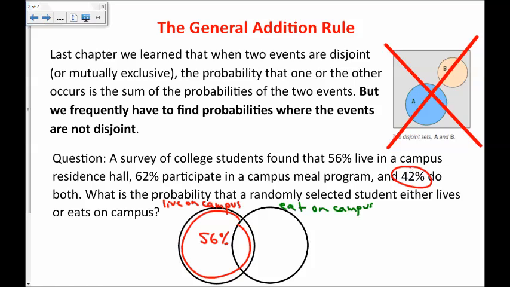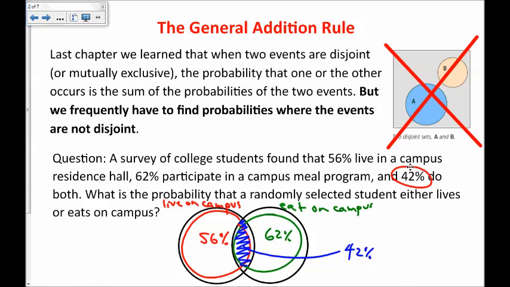And in this circle, we see 62% of college students. Now the problem is that this intersection right here, where they're overlapping, which by the way is the 42% that do both, is being double counted. It's being counted both within the students that live on campus and the group that eat on campus.